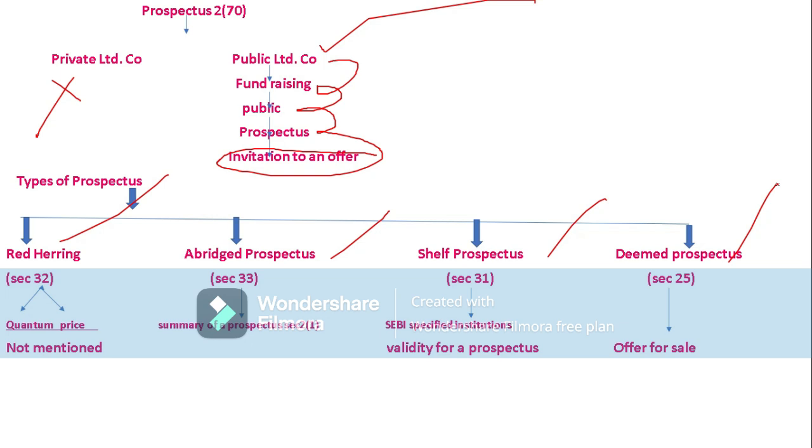So to safeguard their rights and enable them to have better access to finance, the law provides for red herring prospectus, because for small and mid-sized companies it is not easy to get finance.